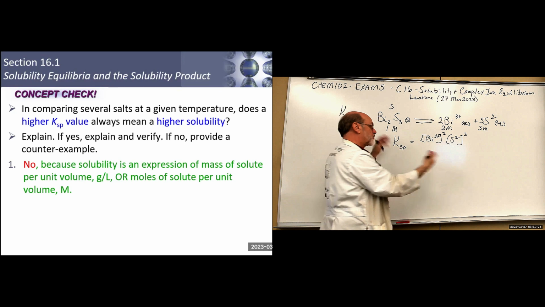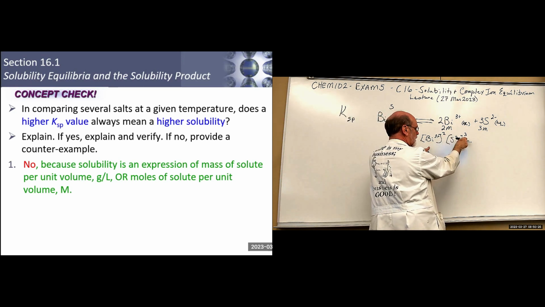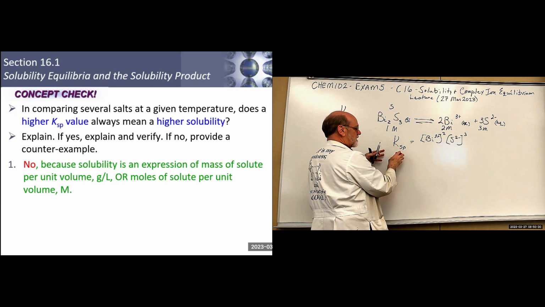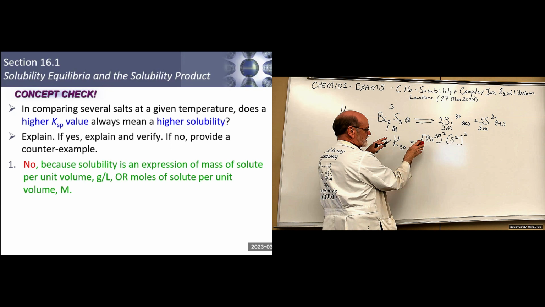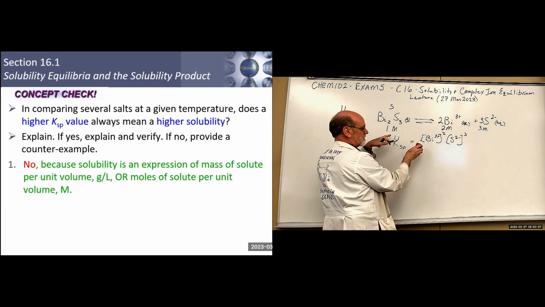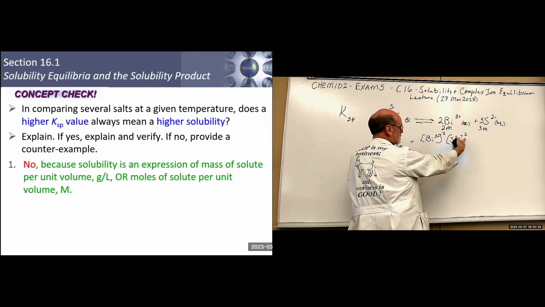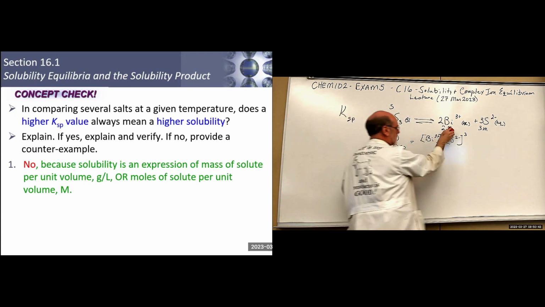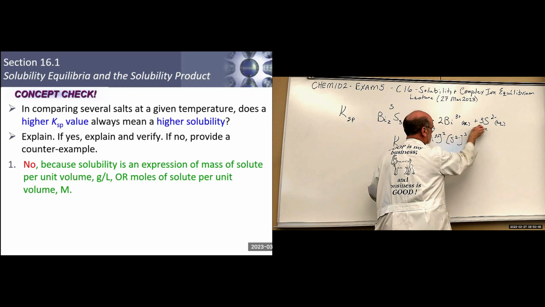Okay. Then you put those values in here, and that would be squared and that would be cubed. So that would give you the K, but the solubility is not directly related because of these powers and the number of ions that it may produce. Right. That was an extreme example. It's never going to be 1 molar, just for argument's sake.